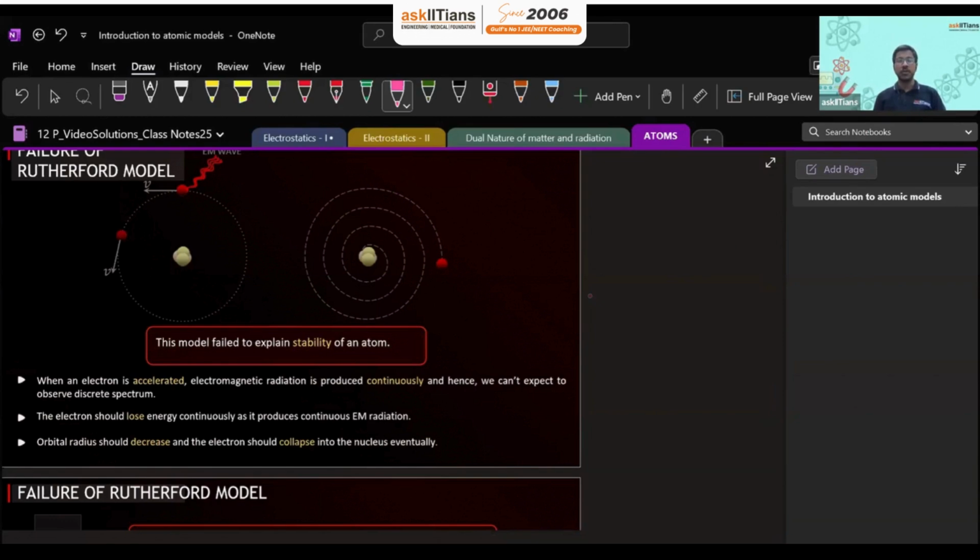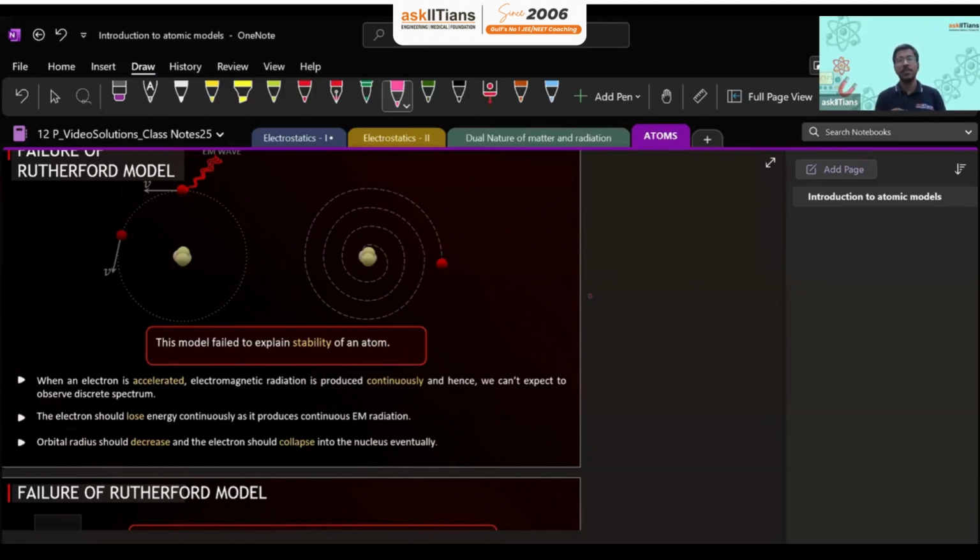The electrons revolving around the nucleus are definitely accelerating because they are moving in a circular path, and their direction is changing continuously at every instant. So they are getting accelerated, and by electromagnetic theory they should be losing some energy.